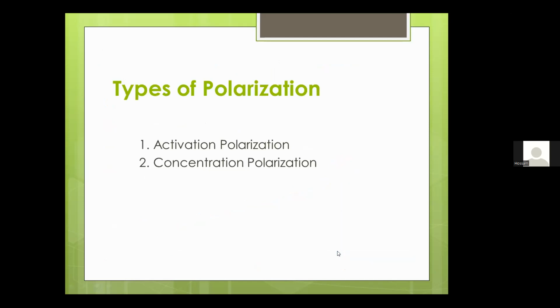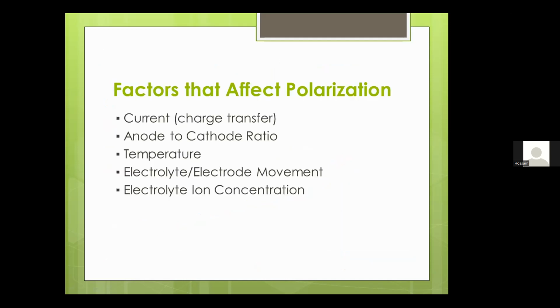We have two main types of polarization, which are activation polarization and concentration polarization. The factors which affect polarization are the current, the anode to cathode ratio, temperature, electrolyte movement, and electrolyte ion concentration.